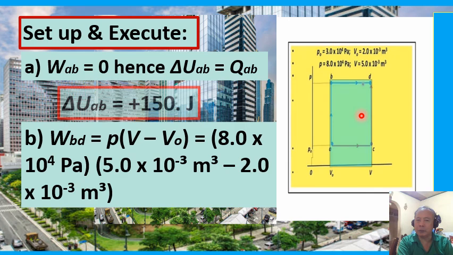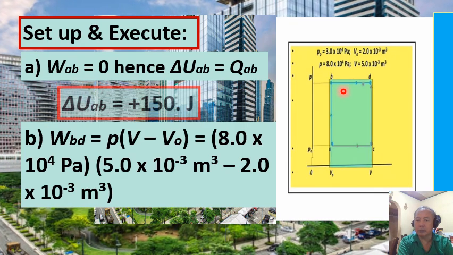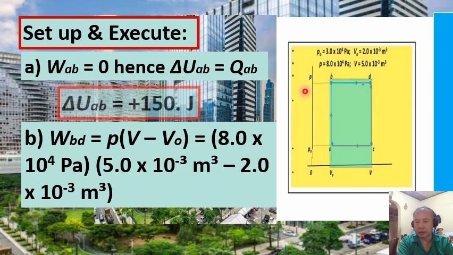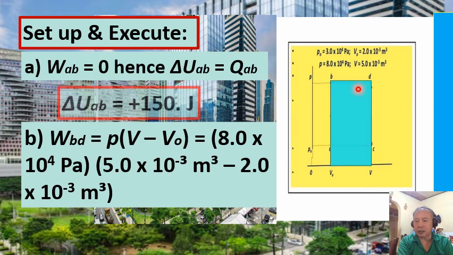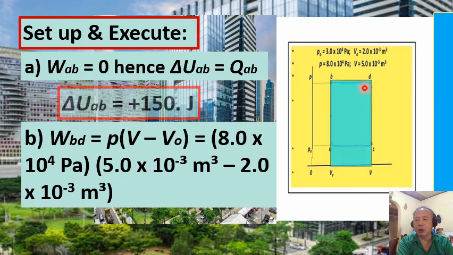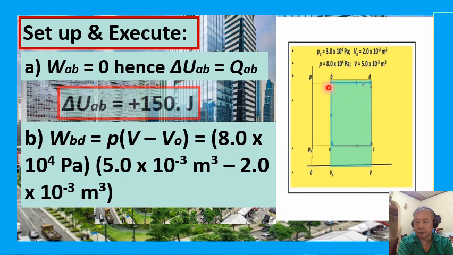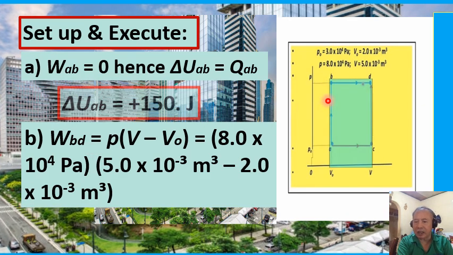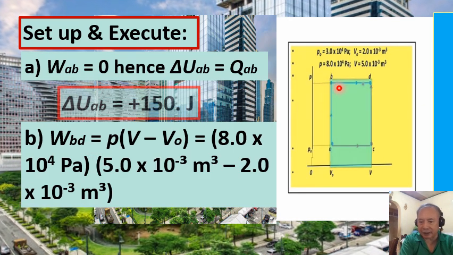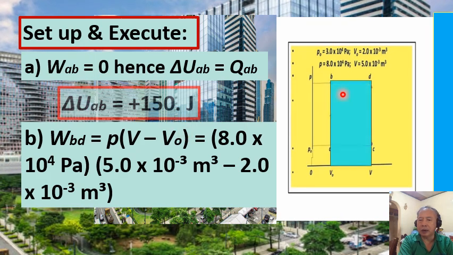So it represents the amount of work done along the path BD. The path BD suggests that there is no change in the pressure. The final pressure, P, remains constant as the system increases its volume. And we call this an isobaric process.